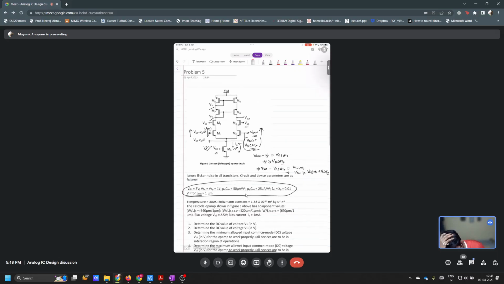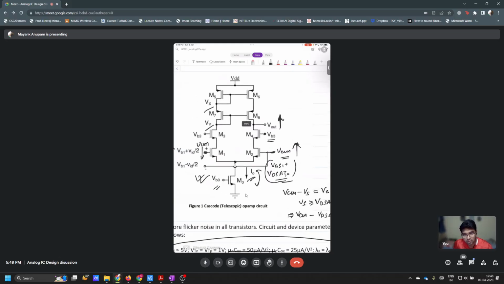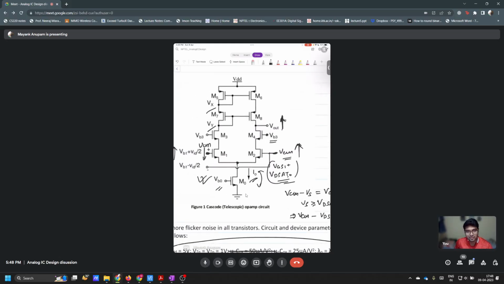Now tell me, what is the maximum that V out can go? How will you find out? V out, I'm asking. What is the maximum it can go? M above M4, sir.